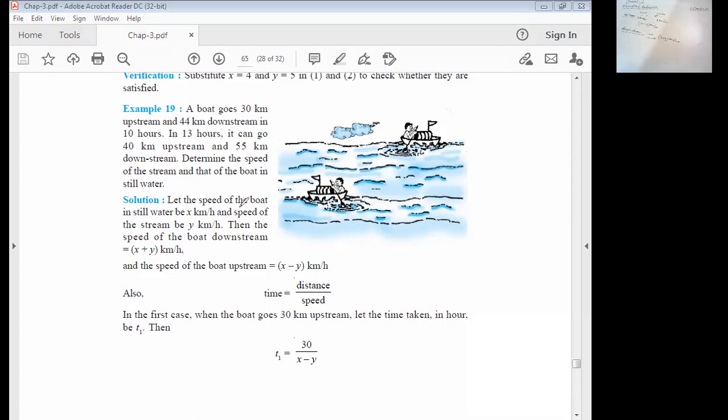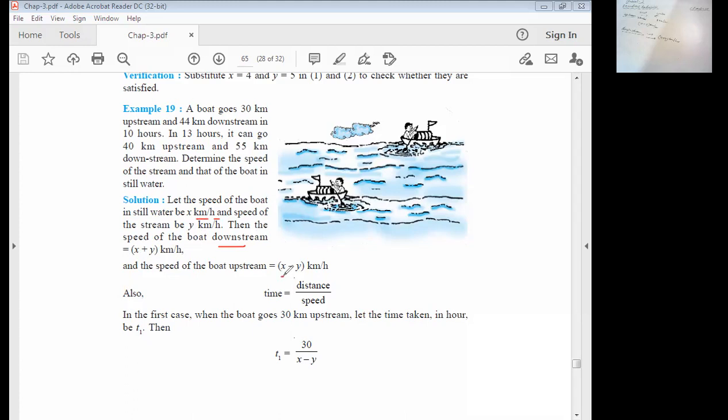Okay, look here. Let the speed of boat in still water be x kilometer per hour and the speed of stream be y kilometer per hour. Then the speed of boat in downstream is x plus y. Please keep in mind the resultant speed of a boat in downstream is always plus, and the resultant speed of boat in upstream is x minus y.